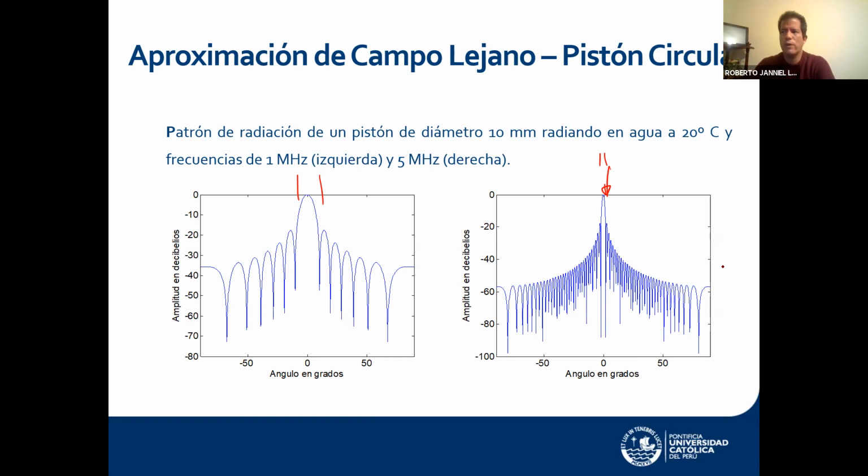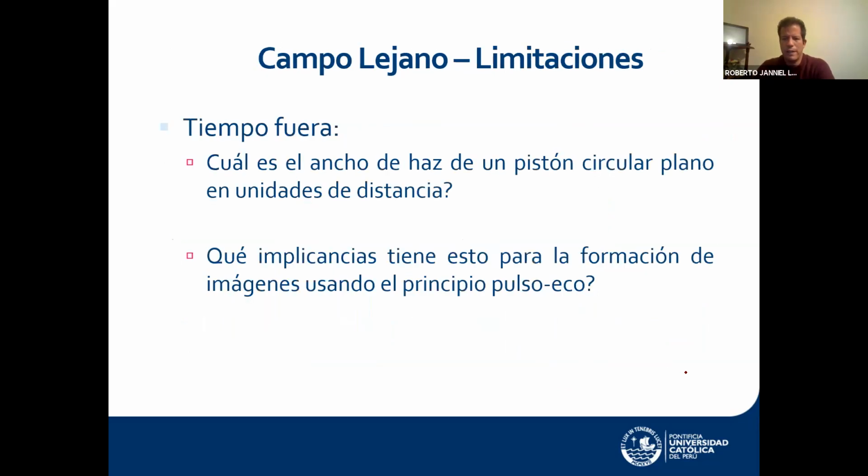And here is where you can actually start looking at these things. You notice that the horizontal axis here is degrees, like angle in degrees, between minus 90 and 90 degrees. And you get to think, what would be the actual width of the beam of the transducer in units of distance?